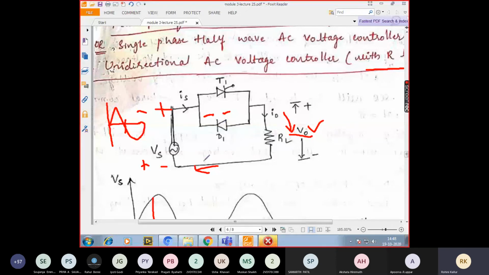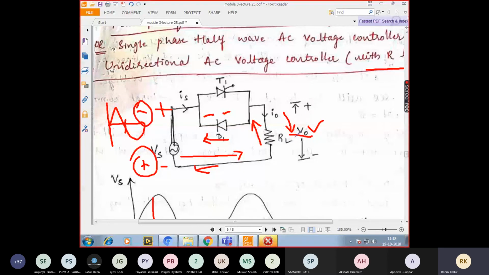When it conducts, the current flows from the positive terminal to the load, and through the load it gets transferred to the diode. The diode conducts the current from anode to cathode, then back to the negative terminal, which is here.